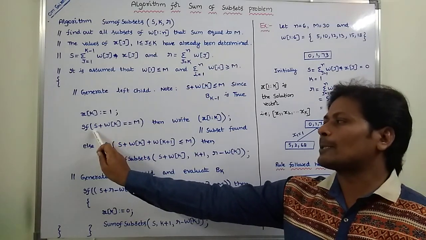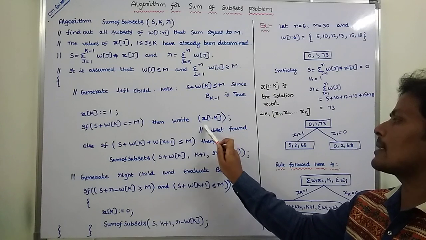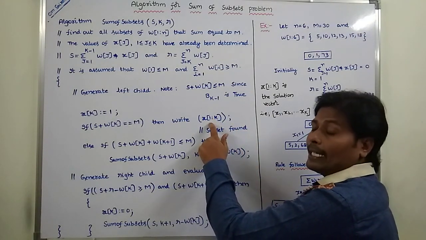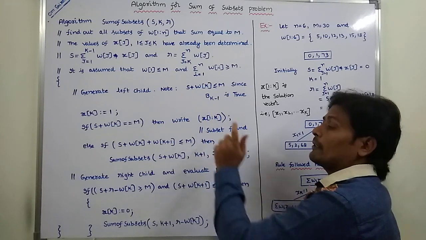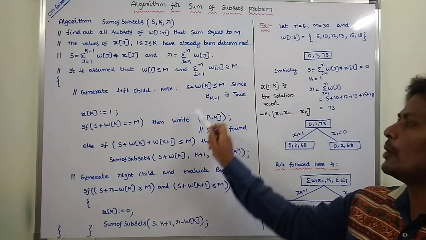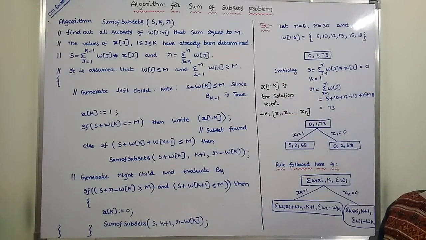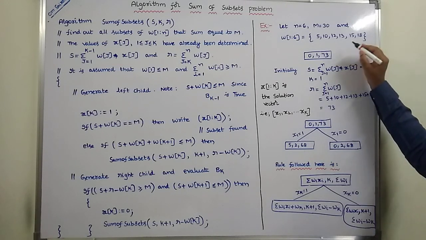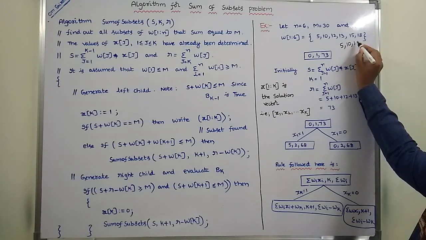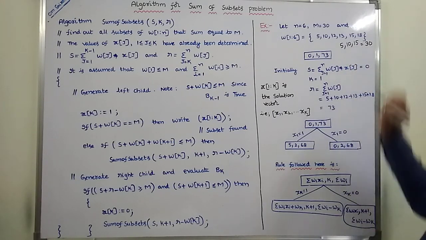Whenever S plus W of k is equal to M, then write x of 1 to k, showing which object weights are considered and which are not considered. This is the solution vector we get. Examples of solution vectors are 5 comma 10 comma 15, so 5 plus 10 plus 15 is equal to 30.